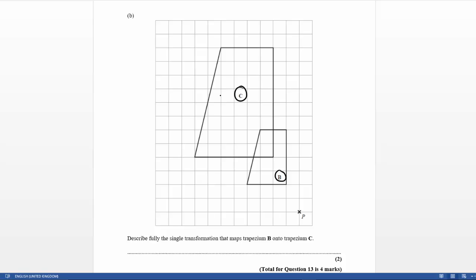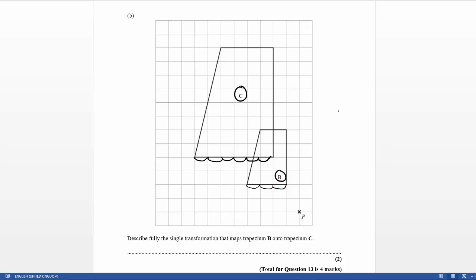B has become larger, so we're dealing with enlargement, but we need to know what the scale factor is. How I work it out, I will just count along the base. We've got 1, 2, 3. So we know the base is 3 on shape B. Let's count the base on shape C. Here we go. 1, 2, 3, 4, 5, 6.